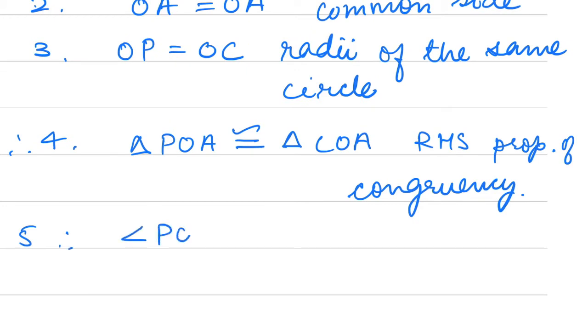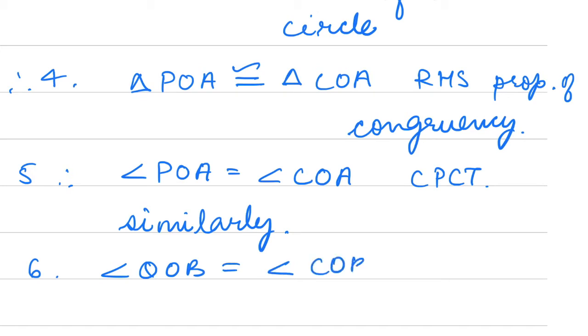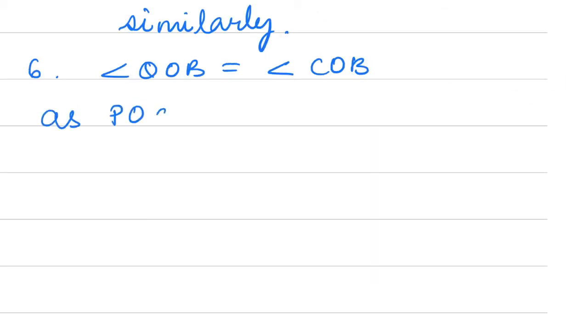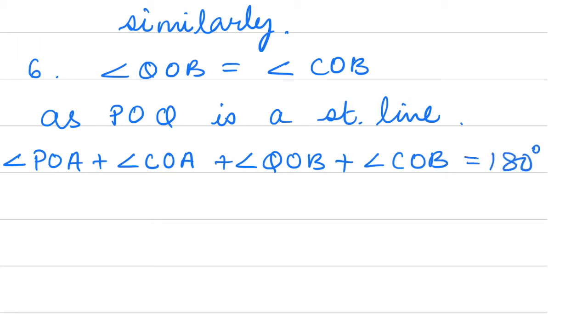Therefore, angle POA is equal to angle COA by CPCT. Similarly, for the other two triangles, we can say angle QOB is equal to angle COB, as POQ is a straight line. We can say that angle POA plus angle COA plus angle QOB plus angle COB is equal to 180 degree.